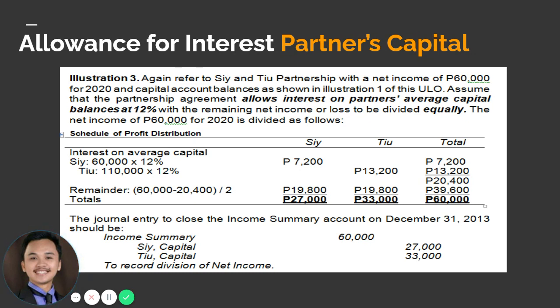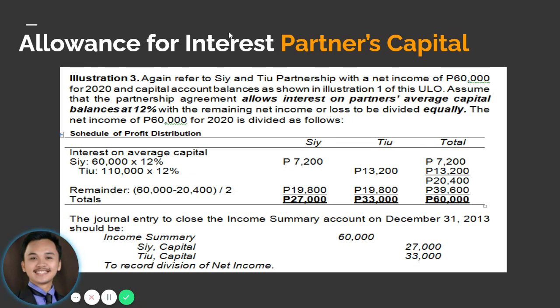Interest allowed to partners varies from one partner to another due to the differences of capital contributions and balances. Partnership contract should therefore provide that a specific interest rate will be allowed to a partner based on his beginning capital balances, ending capital balances, or average capital balances.